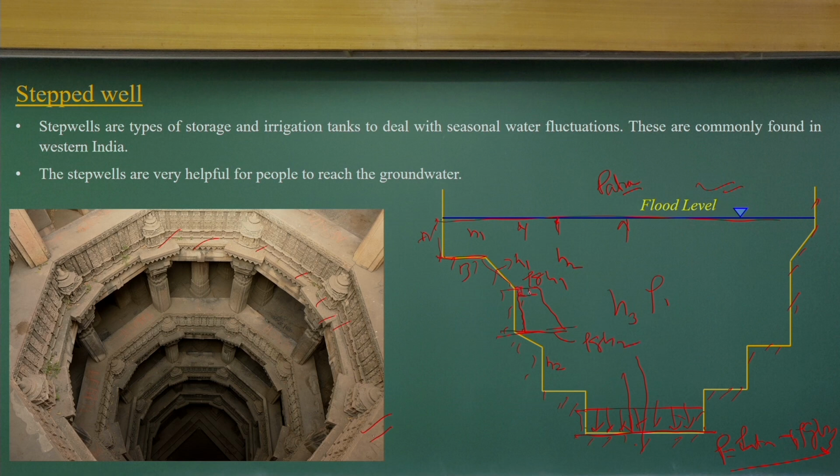So, this is the pressure diagram. Vertically, rho g H1 is the pressure at this point, and at distance H2 from the top it will be rho g H2, and I am neglecting the atmospheric pressure.